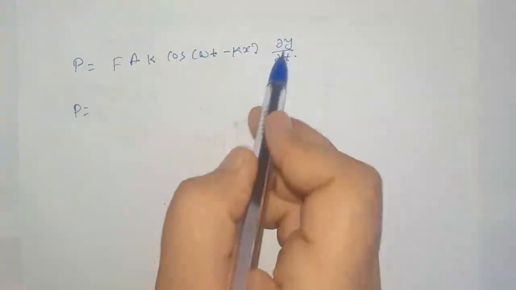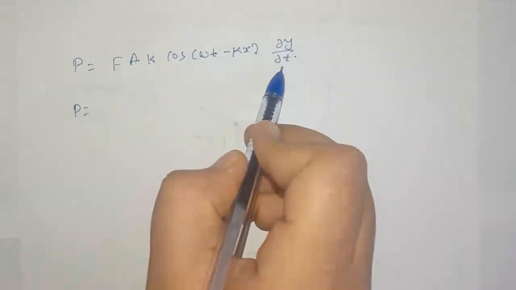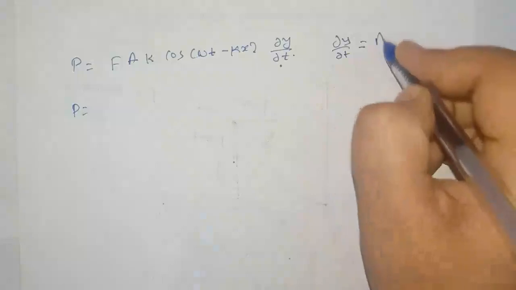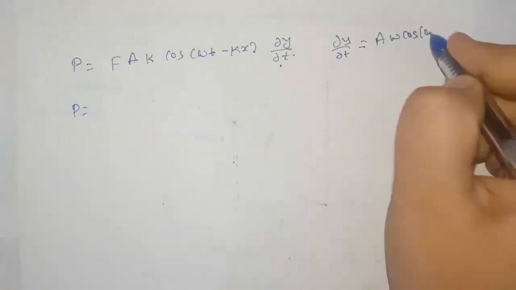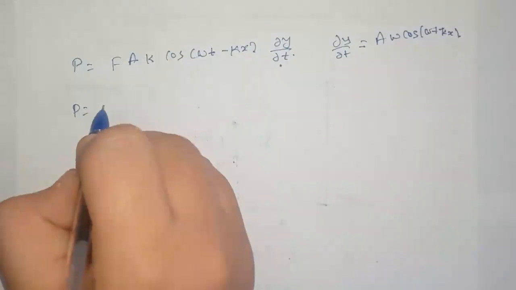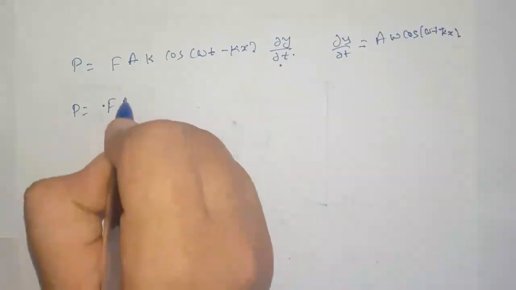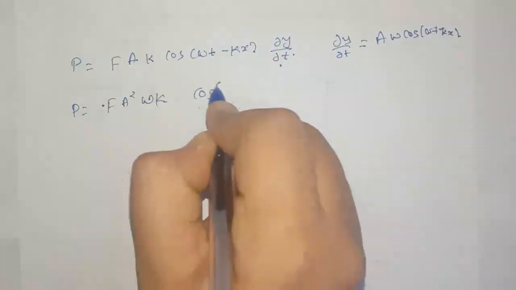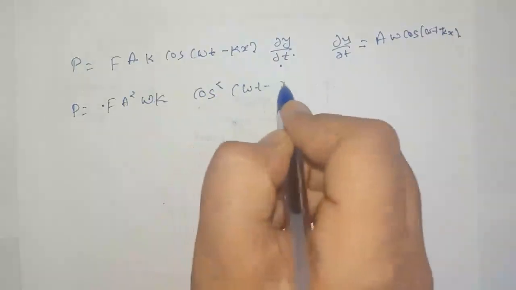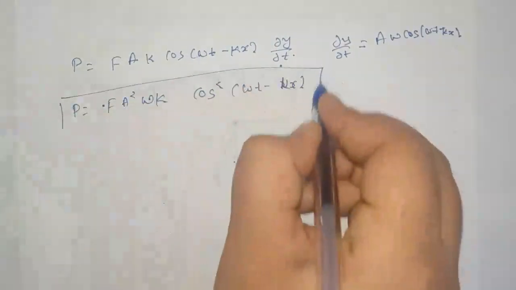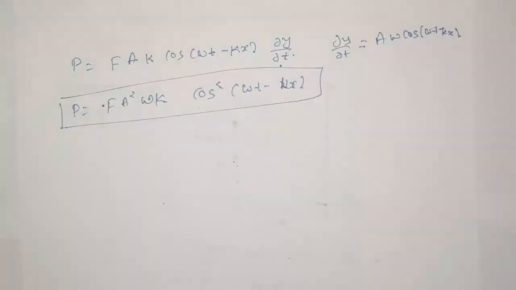Put the value of del y by del t, that is a omega cos of omega t minus kx. So power will be equal to F a square omega k into cos square of omega t minus kx. This is the instantaneous power.